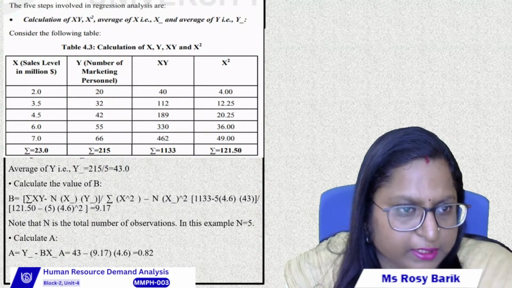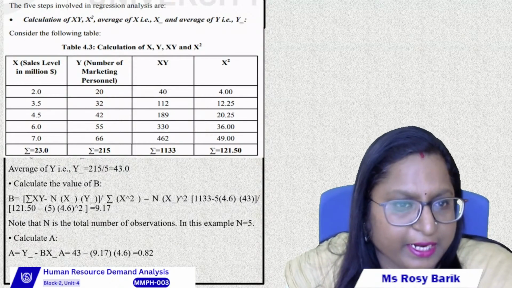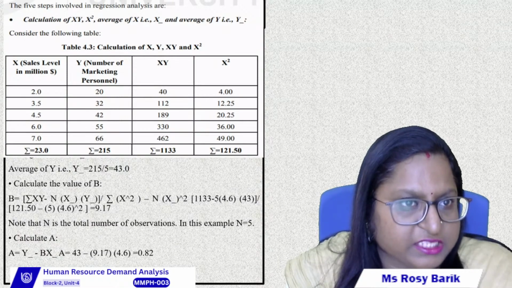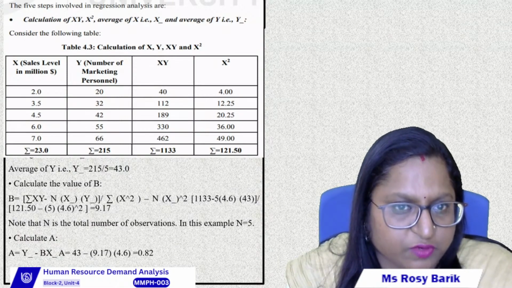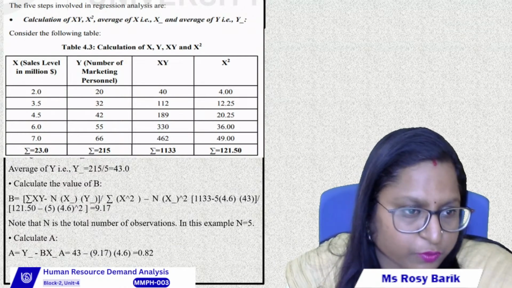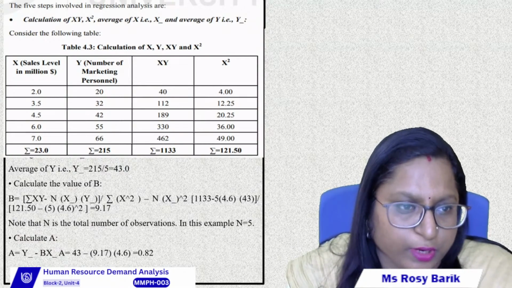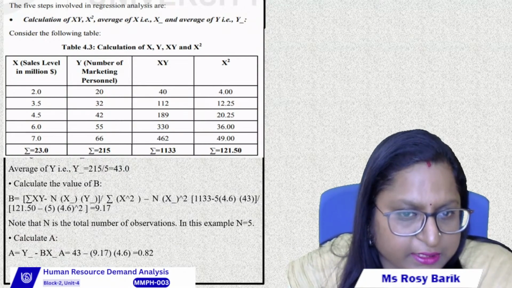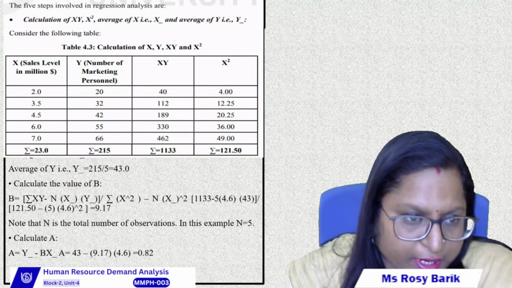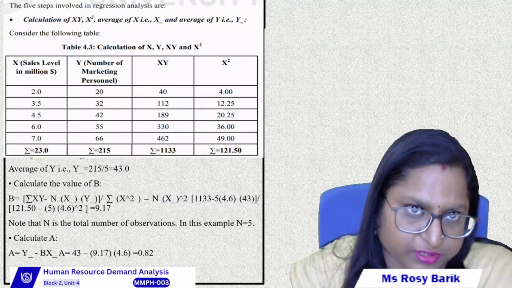And y bar is equal to 43, divided by summation of x square, which is equal to 121.50, minus 5 into x bar square. X bar is 4.6 square. So overall the value of b is equal to 9.17.